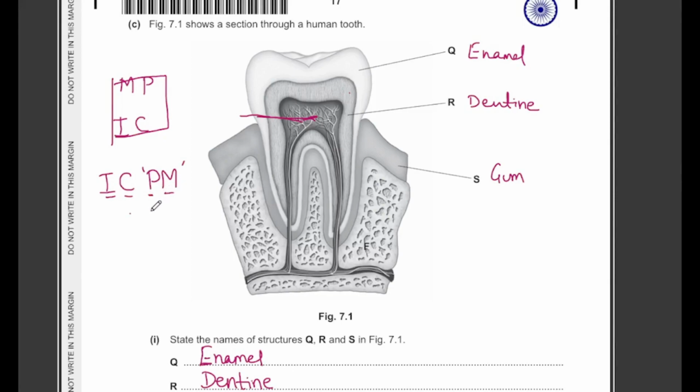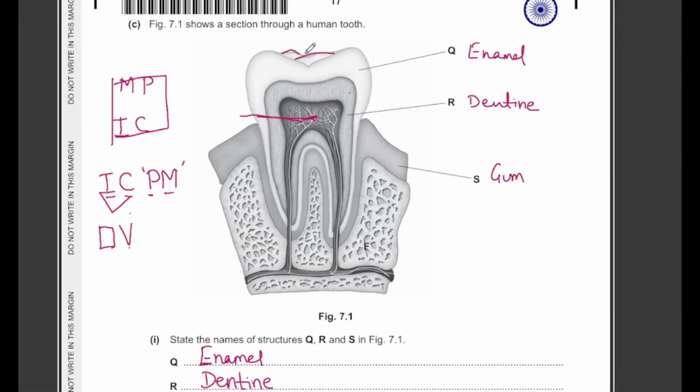Now, the reason behind this: incisor and canine are both for cutting. Incisor is flat like this, whereas canine is pointed. Both are used for cutting down the food. Whereas if we see premolar and molar here, they have grooves, as you can see in the image.